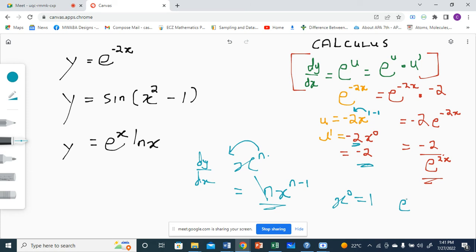The reciprocal of e to the power negative 2x is 1 over e to the power 2x. So this negative 2 remains at the numerator and the e comes to the denominator. You have to remember these laws of indices: if you have a negative exponent, always take its reciprocal. So this is how we put our answer: negative 2 over e to the power 2x.